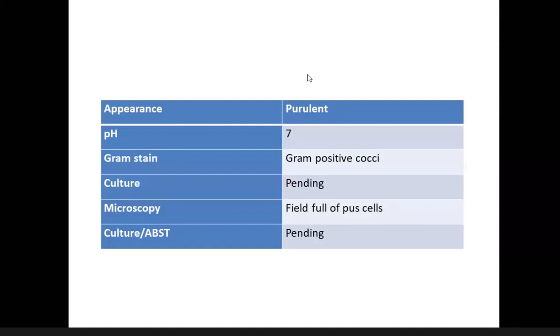Now, when someone is preparing an MCQ or answering your question, I think we have to stick to Kumar and Clark. So what does Kumar and Clark say? Kumar and Clark mention Light's criteria as well as a protein count of more than 30 grams per liter, indicative of an exudative type of pleural effusion.